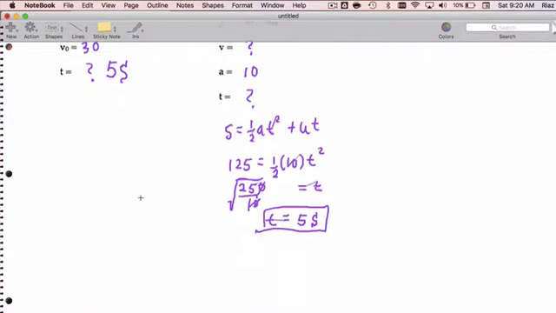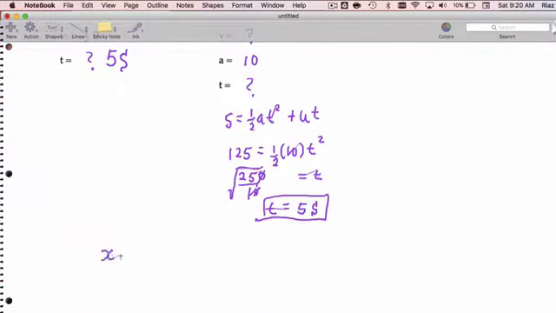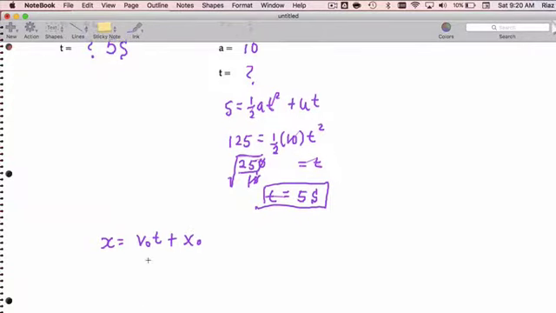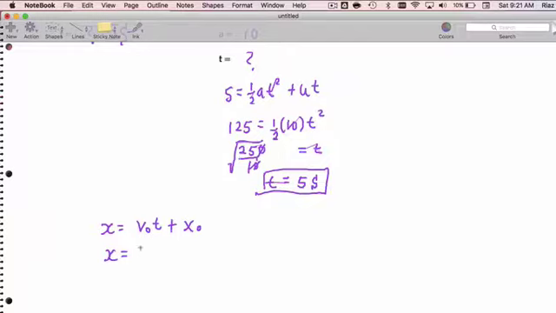We're going to say that x is v0 times t plus x0, so x is 30 times the 5 seconds plus 0, and that's going to give us 150 meters right there.